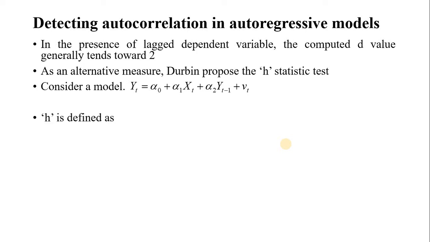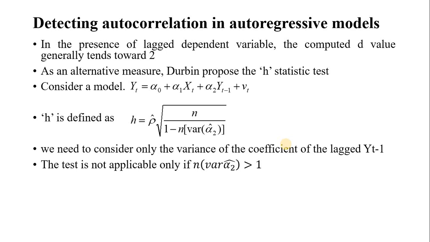So what he did, he defined H as H is equal to rho cap into the square root of n divided by 1 minus n into the variance of alpha cap 2. By considering the coefficient of yt minus 1, he developed an alternative method to the DW test.